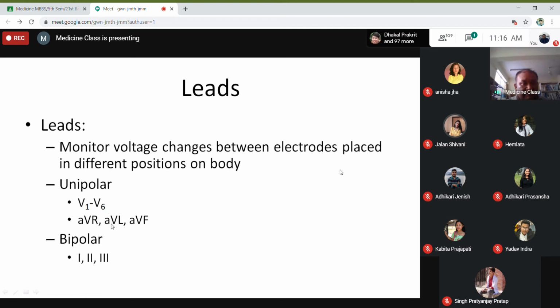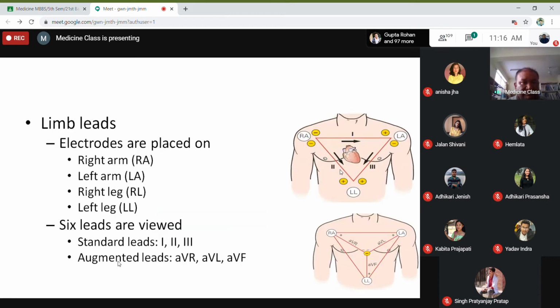So these two are limb leads, and V1 to V6 is chest lead. But whenever V is there, remember that it's unipolar, and bipolar you don't have that. Roman 1, 2, 3 is bipolar leads.